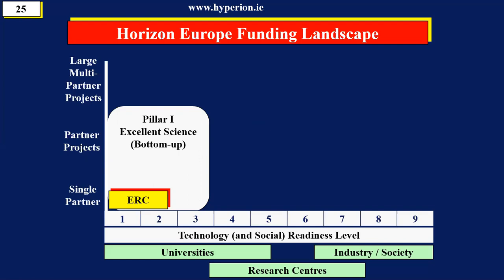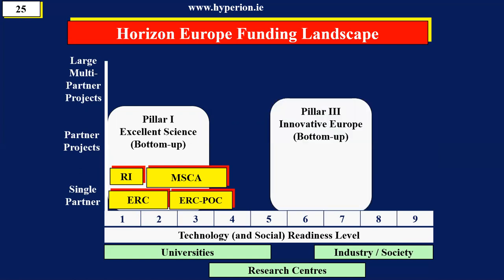There's also something called ERC Proof of Concept, which I will explain. Marie Curie is about developing the careers of researchers, and research infrastructures is making the best facilities in Europe available to the best scientists. So for universities, Pillar 1, of course, is a top priority.